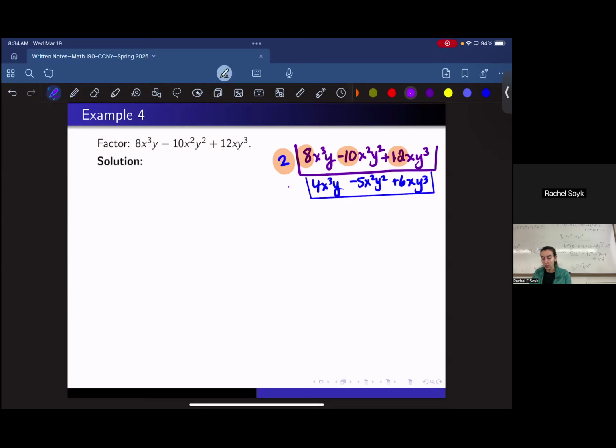With x, what's the lowest exponent? It's just our x to the first. And then with y, what's our lowest one? It's just y. So when we pull that out, we're left with 4x squared minus 5xy plus 6y squared.